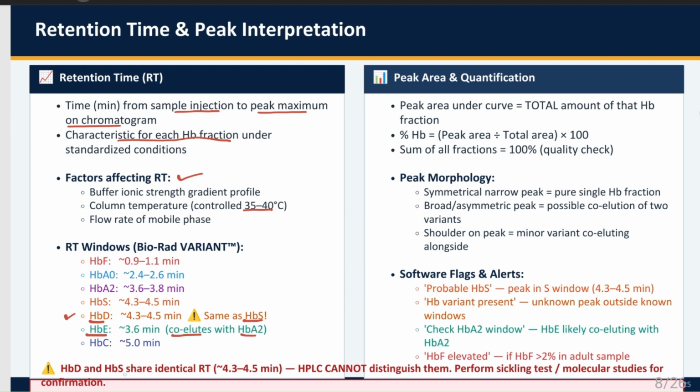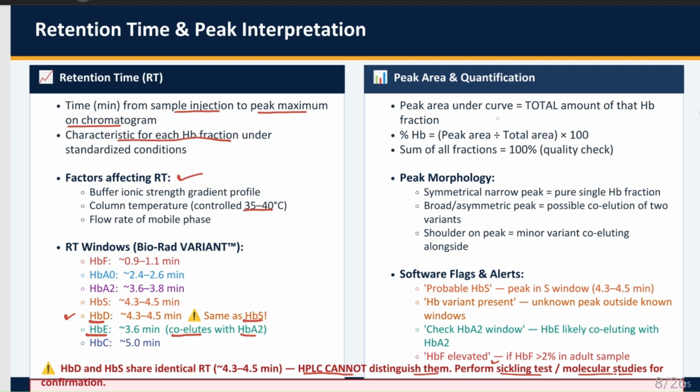Hence, HbD and HbS share identical retention time. That is why HPLC cannot distinguish them and we have to perform a sickling test or molecular studies for confirmation. HbS will show a positive sickling test and HbD is negative for the sickling test.